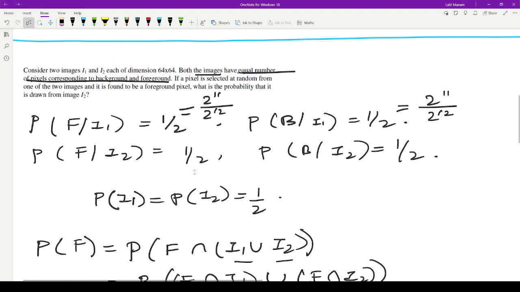I was asking, in image 1 the total number of pixels is 64 into 64, which is 4096, right? Yes. So background pixels will be half of 4096, and foreground is 2048. This is 4096. Okay, got it. Anyone else have any question on this?